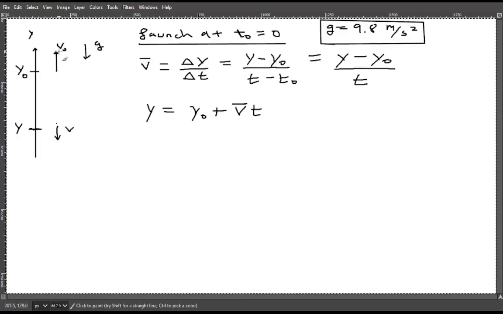Then 1 second later, what would happen? Now it would be coming back down, and when it got to here, it would be going at 10 meters per second once again, but now straight down, right? Because here it would have started at 0. 1 second after that, it would have gained 10 meters per second coming down.